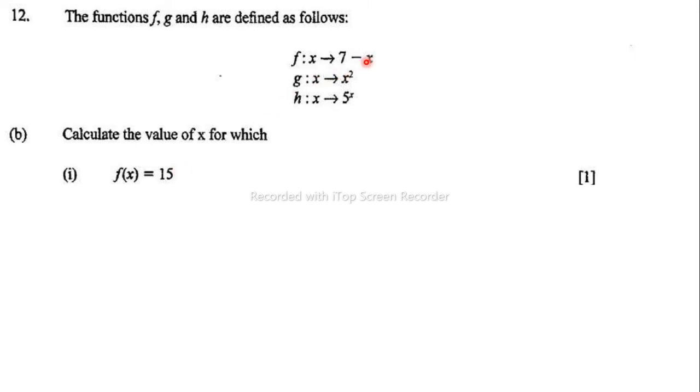No, I said 7 minus the number. Oh. So 7 minus the number gives me 15. What is that number?